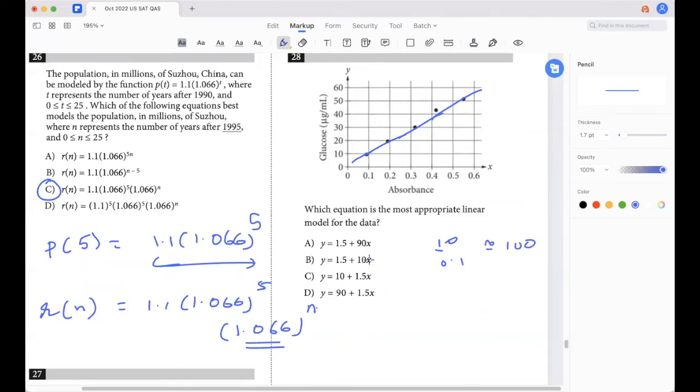So the slope 100 is here because these are too small for slope. And if I use 0.2 into 20, then y is 90x plus c. So 20 is 90 into 0.2, which is 18 plus c. So c is 2, which is close to 1.5. So A.